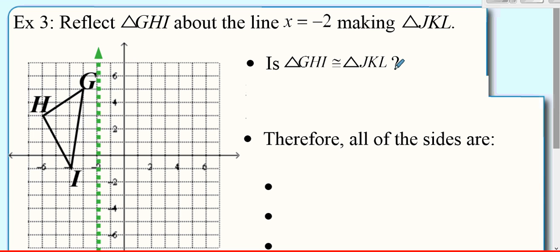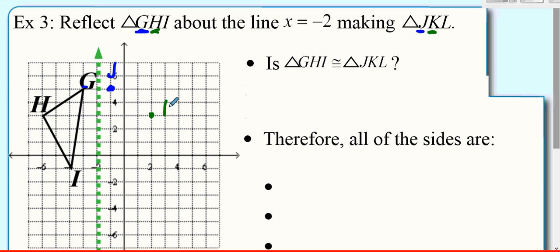So that means point G is going to go to point J. Point G, reflect it, it's going to go to point J. Point H is going to go to point K because they're in corresponding order. H, 1, 2, 3, 4 away, 1, 2, 3, 4 away.